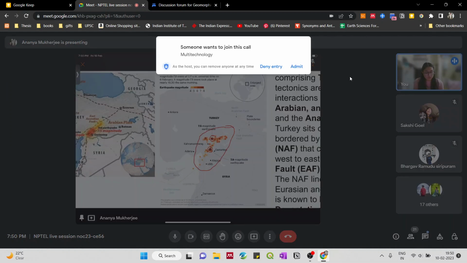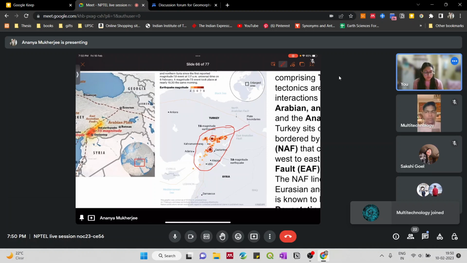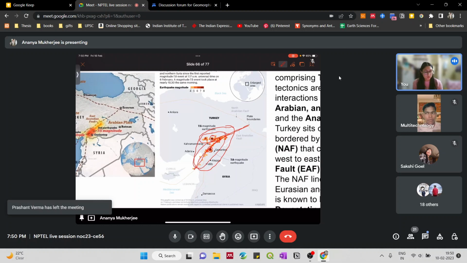Over here you can see that both the earthquakes have happened along a fault, and even the previous earthquakes have happened along these fault regions only.